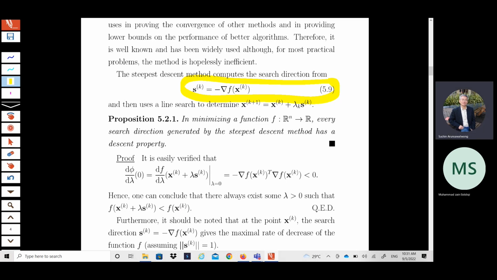At least we know that there is a small positive value of lambda that reduces the function f in that direction. Lambda k that reduces the function f has a positive value. It cannot be negative. I mean the local search.